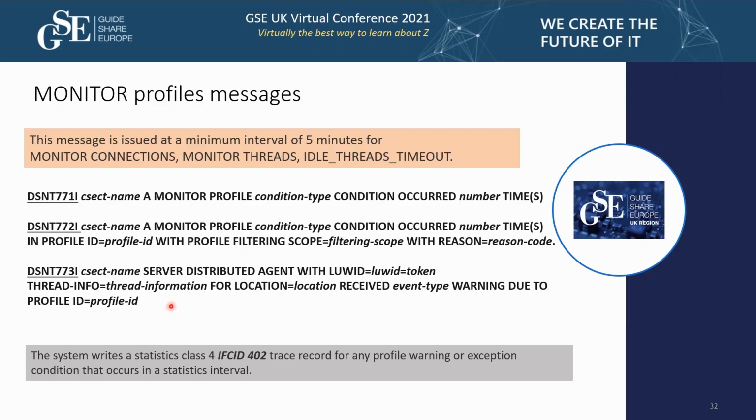So you can analyze your master address space to collect statistics from the triggering of your Db2 profile, or you can prefer to extract statistics from SMF, because for every single Db2 profile event, we will have associated a record of class 4 with this IFCID 402. So you can then analyze your statistics.